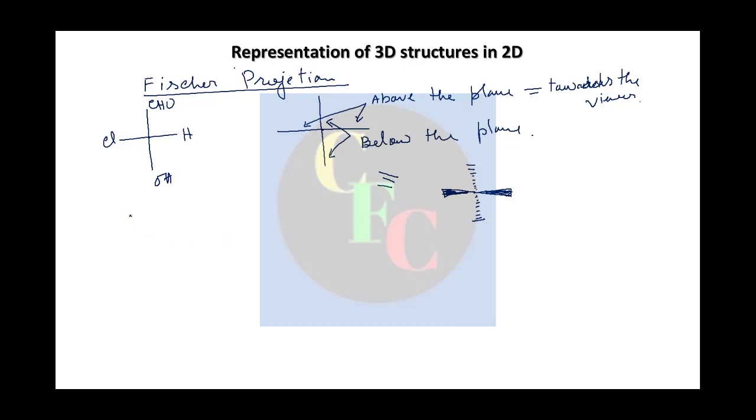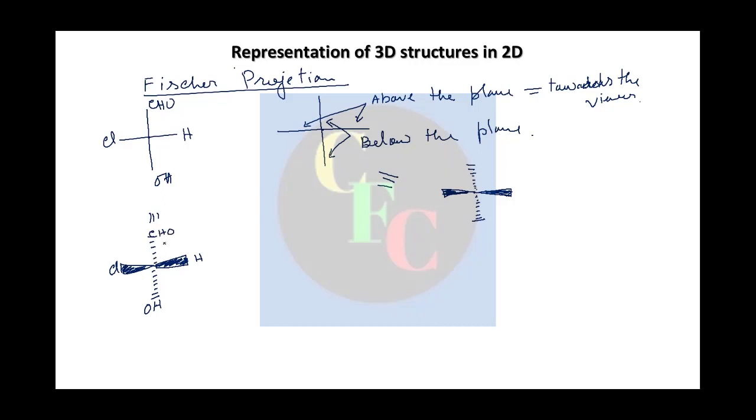Now let us take a definite example of how this can be shown. Let us take this example which I have already taken, right? If you convert it to above and below the plane bonds, it will look like Cl here, H here. So this OH will be below the plane, and here also CHO will be below the plane.